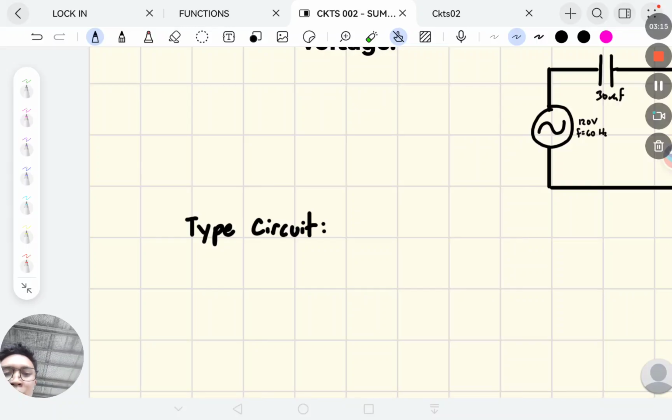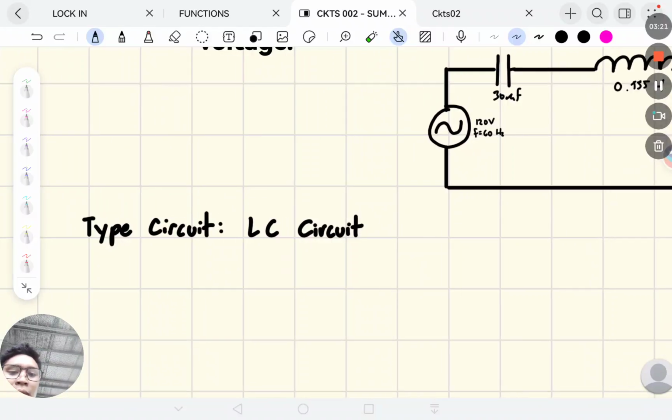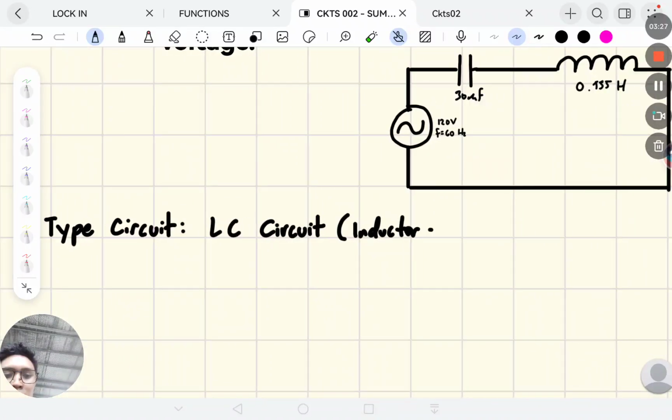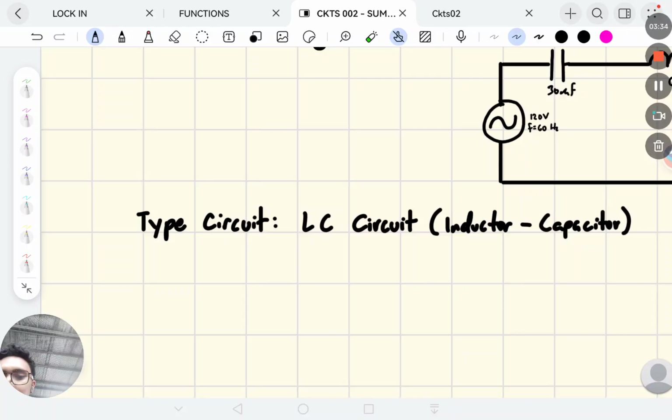The type of circuit again is LC circuit. Bakit LC circuit? Yan ay inductor, capacitor. Next is the type of source. And then source that was AC.